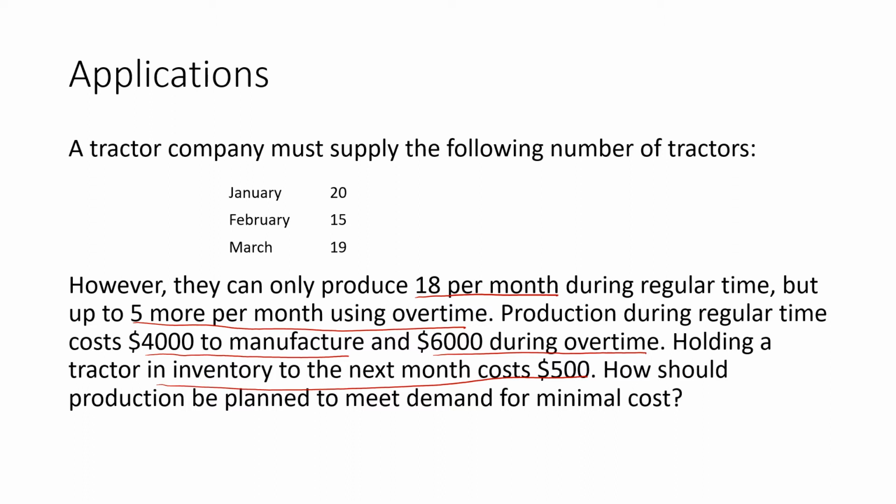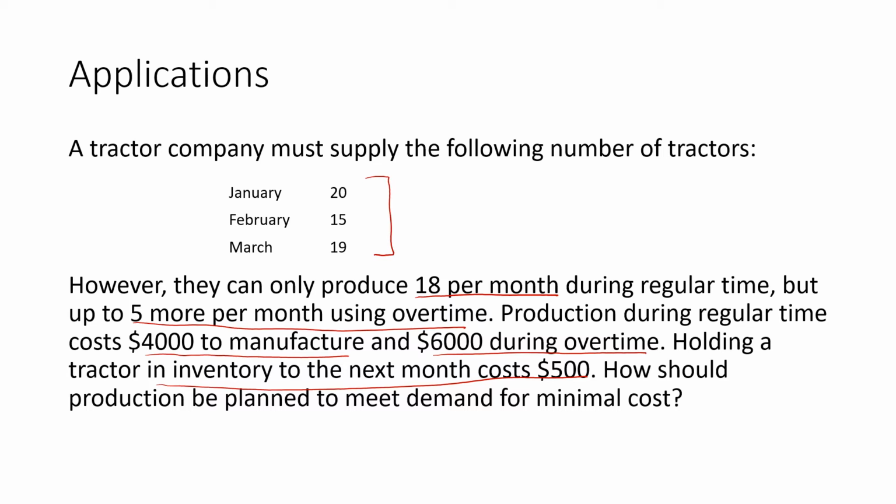So this is a question about how you can schedule production when you have different costs at different times for your production. On the surface, it doesn't seem much like a transportation problem, but if you think about it, what we have here is a bunch of ways of supplying something, and we have a certain demand. Our demand is given by those numbers there.